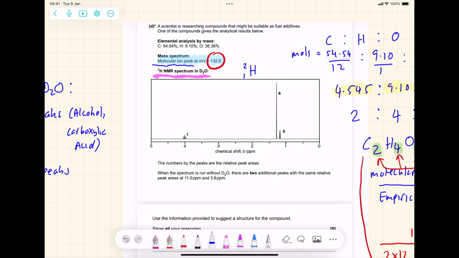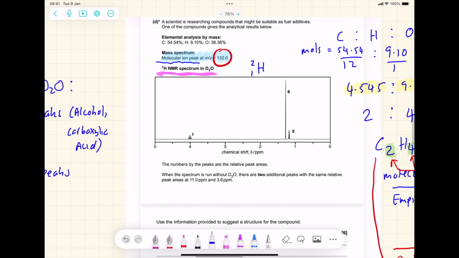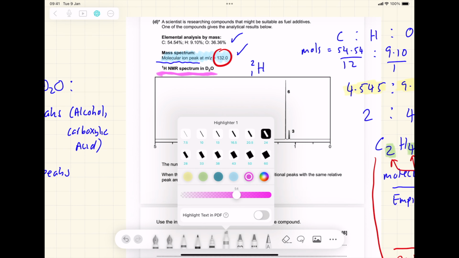So that is telling me that there are more peaks for this NMR graph that have been removed. Let's look to see if we have any other clues. It says a scientist is researching compounds that might be suitable as fuel additives. We've used the empirical formula to generate the molecular formula, and we've used this bit of information. And now we have this at the bottom, which I'm going to highlight in yellow.